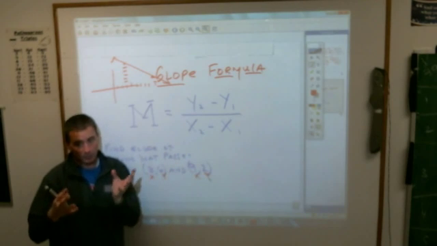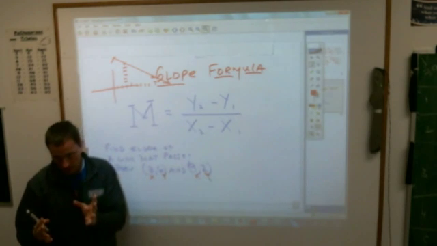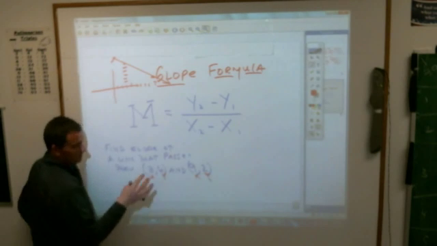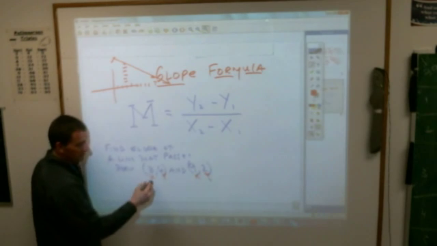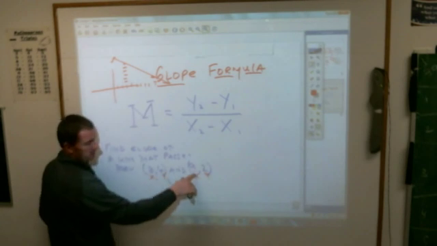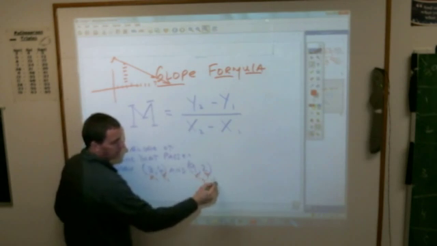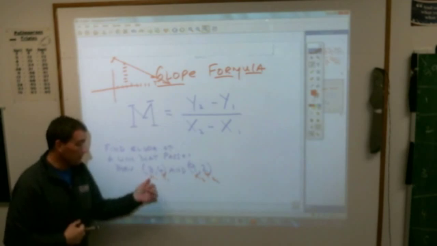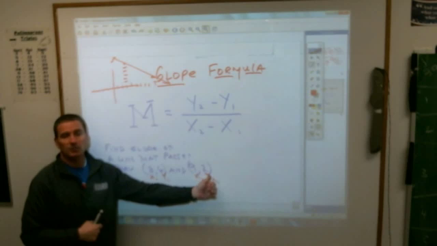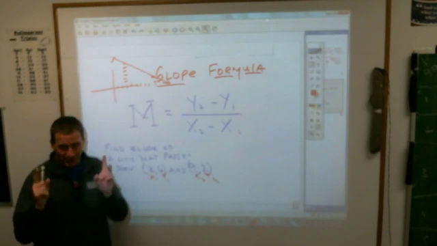And it doesn't matter which you pick to be which, but you must be consistent with it. Just because this one comes first, I pick this to be x1, y1. And I pick this to be x2, y2. I can call this first one x2, y2, and the second one x1, y1. It isn't going to matter, but you can't do this.